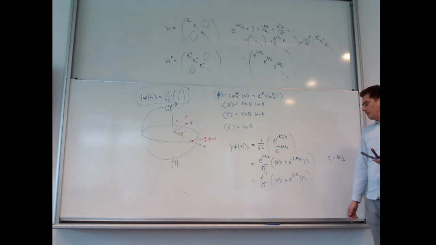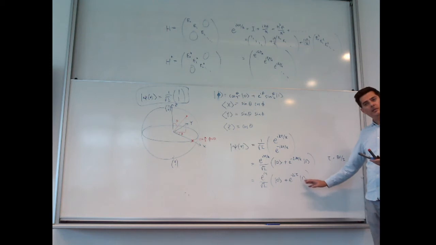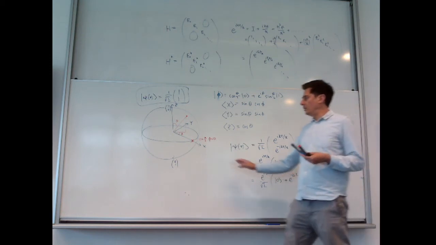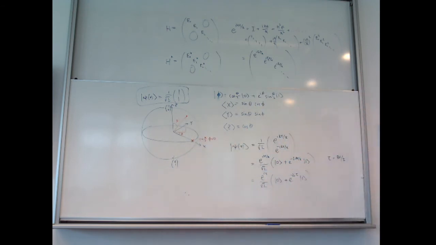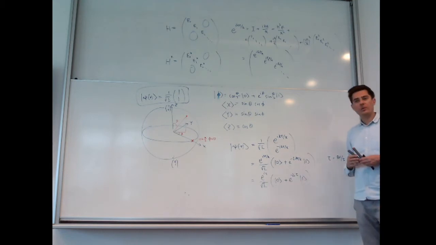So if I were to track how this state is changing over time and view it on the Bloch sphere, what do you think it would be doing, or where would the state go to after some time on the Bloch sphere?